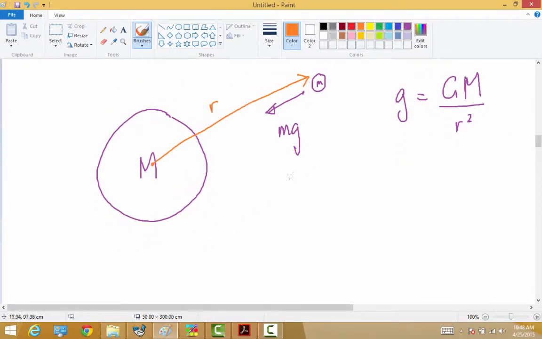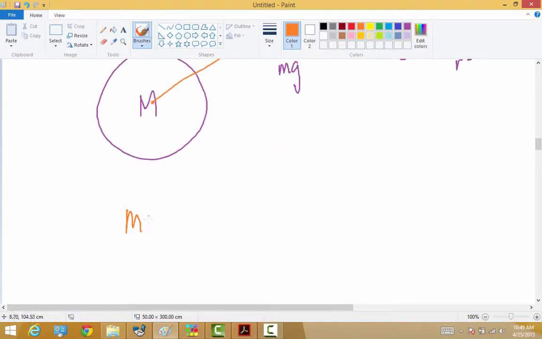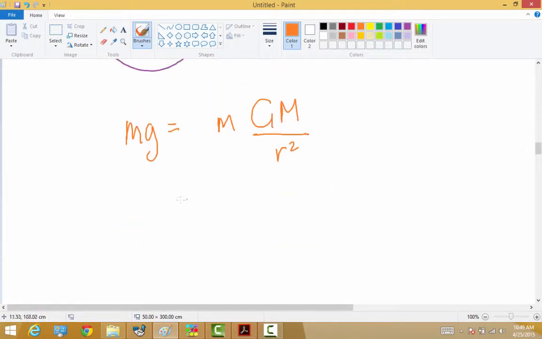Right, so we can equate, in this case, if g equals large G times large M over r squared, then mg is going to be equal to, all we're doing here is changing the g to large G large M over r squared, and it becomes large G large M small m over r squared.